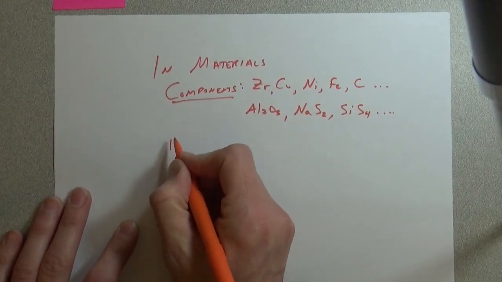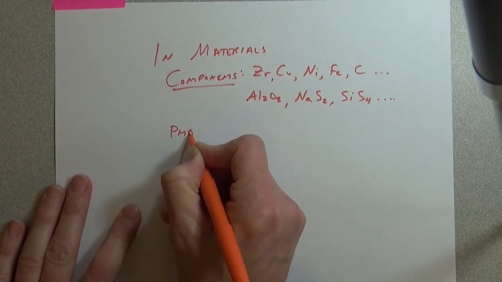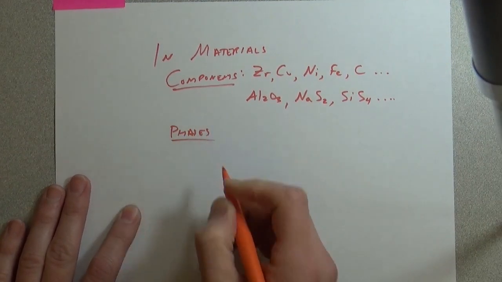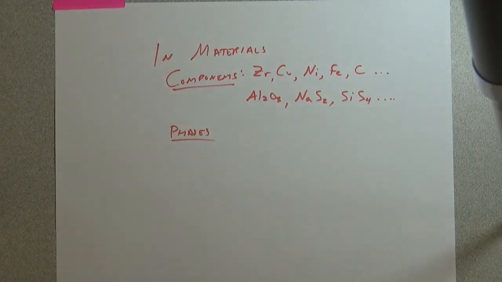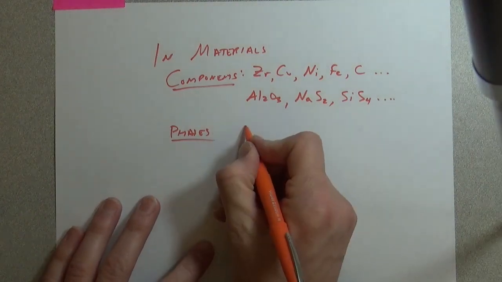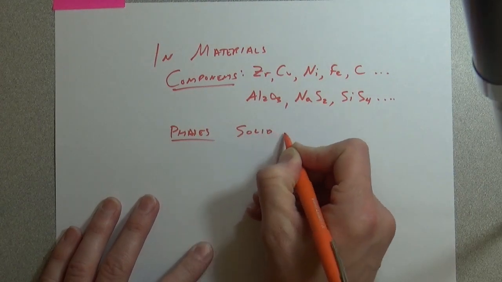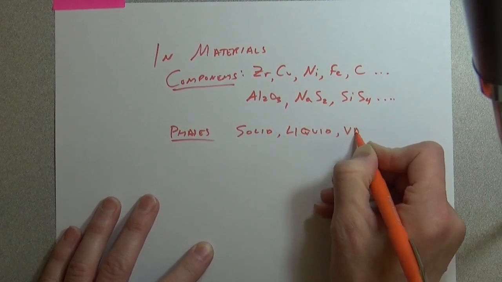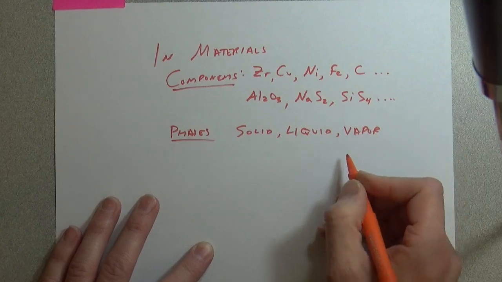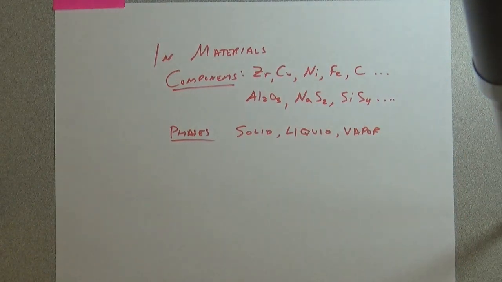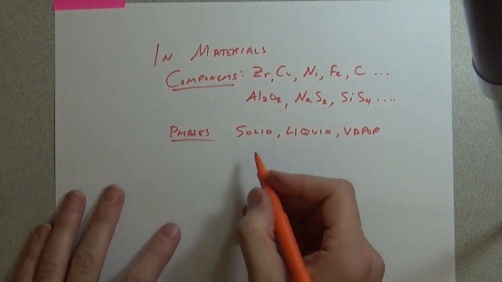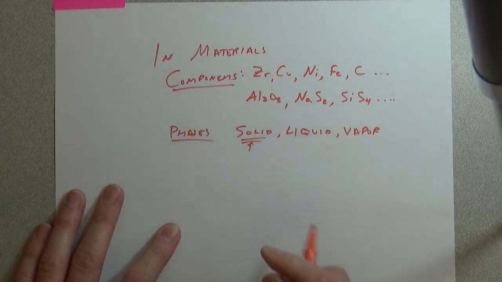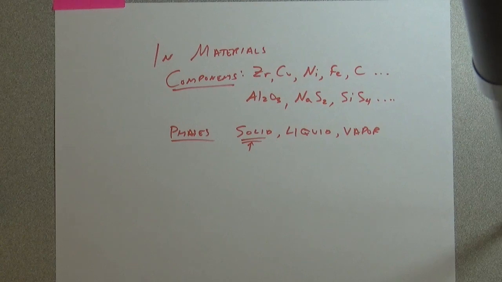Our phases, well, we can have the phase that we had before, liquid and solid and vapor, right? Solid, vapor, and those are certainly valid phases, but more importantly, we know that there's more than one way to make a solid. Right?